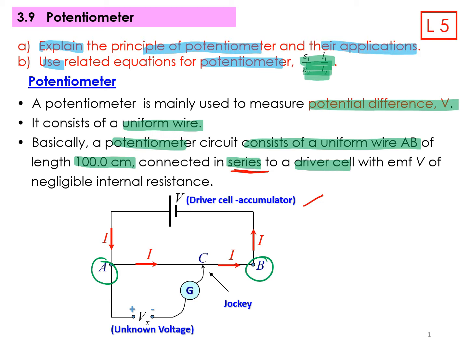And we also have the unknown voltage connected parallel with AC, from here to here. So you can find the unknown potential difference across AC, and you get the reading by using the galvanometer.